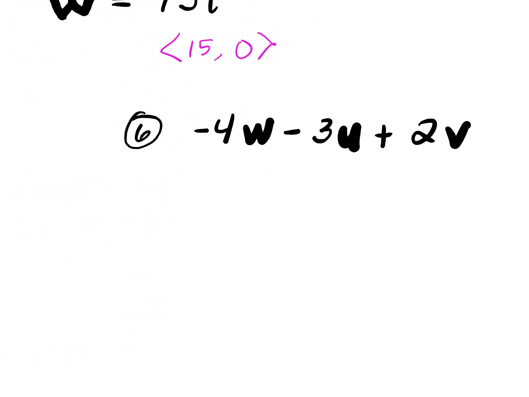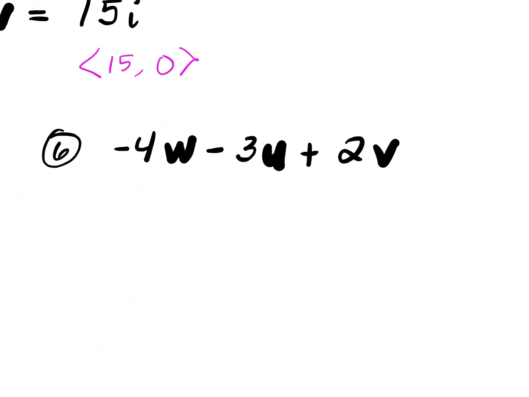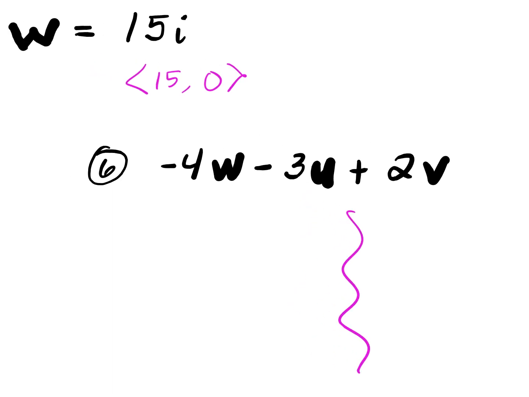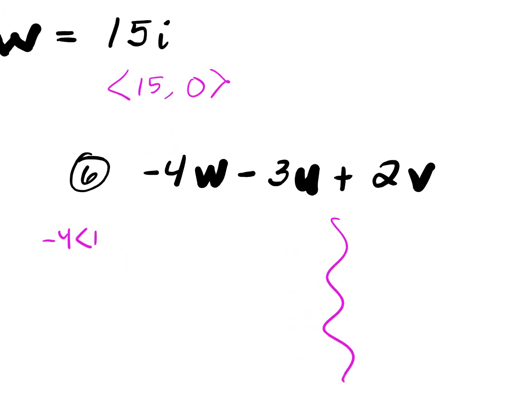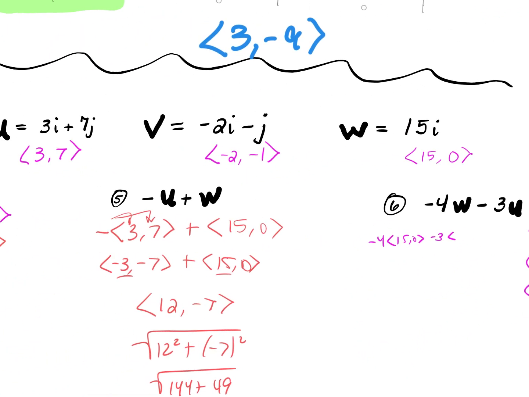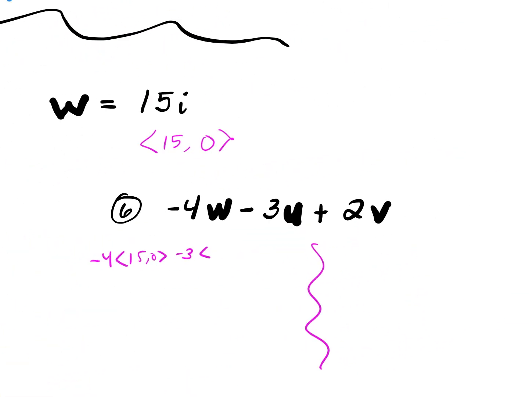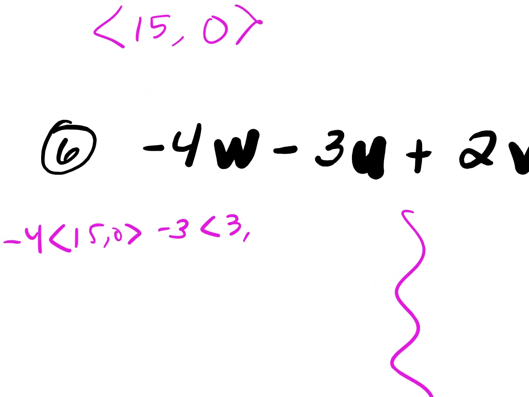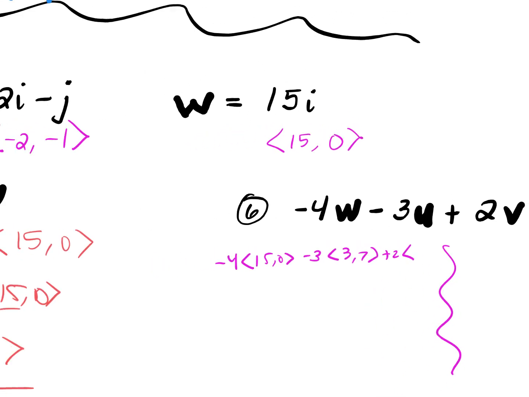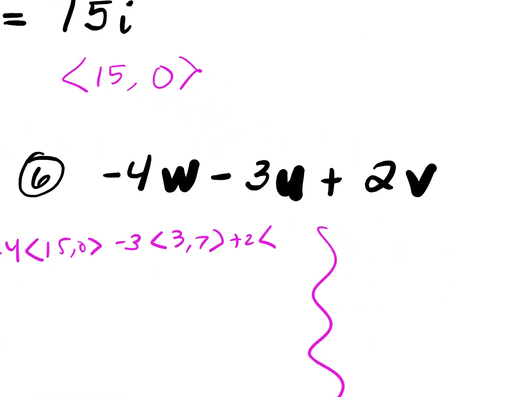All right, this is what Mikey's question was. Now, I'm going to do this problem one of two ways. So I have -4 times my w, which is 15, 0, right? -3 times u, which is 3, 7. And then plus 2 times v, which is -2, -1.